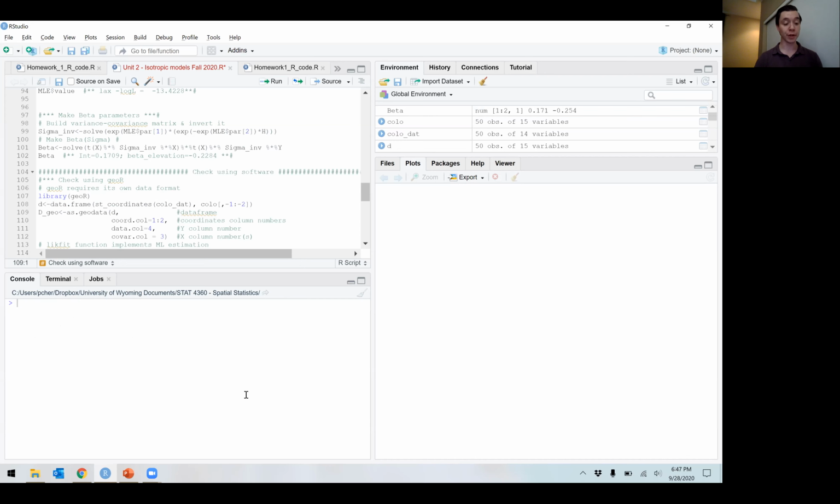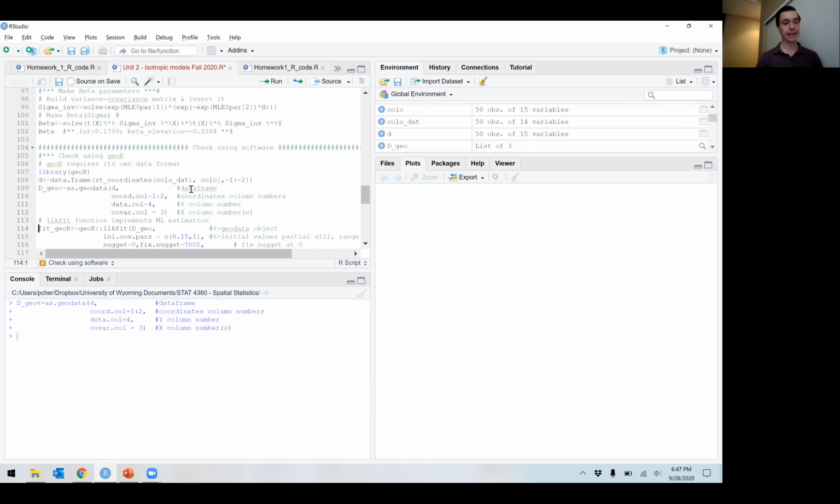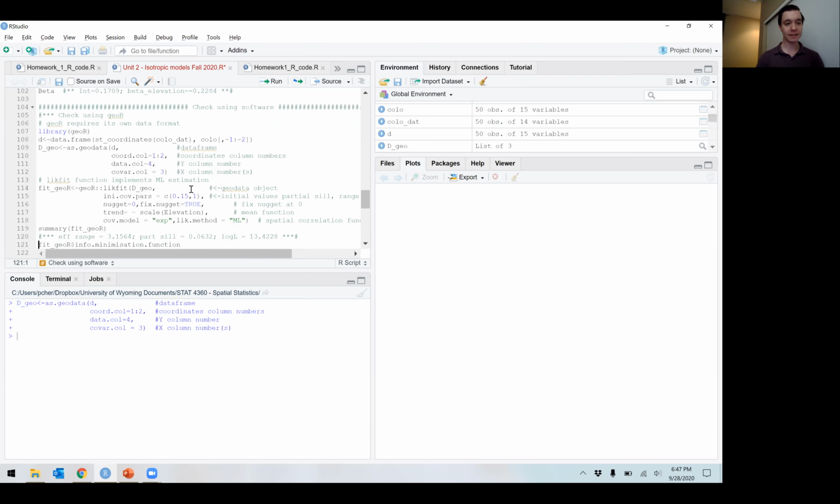It should all work for you. So we now have to put this in the geoR data format. Here is the data frame. Now we give it the column numbers that correspond to our coordinates, the column number that corresponds to the data, the January average temperatures, and the column number that corresponds to the covariate. And finally, we estimate the model.